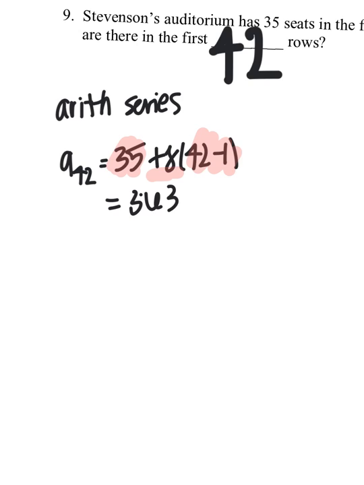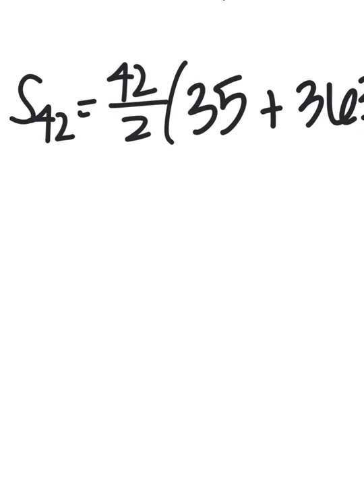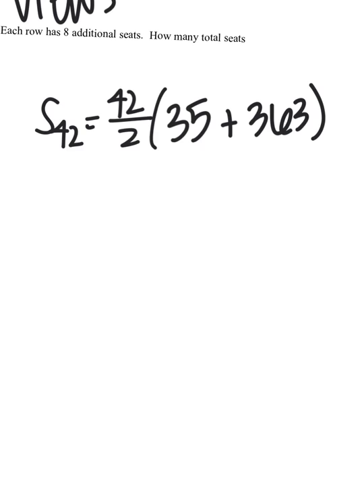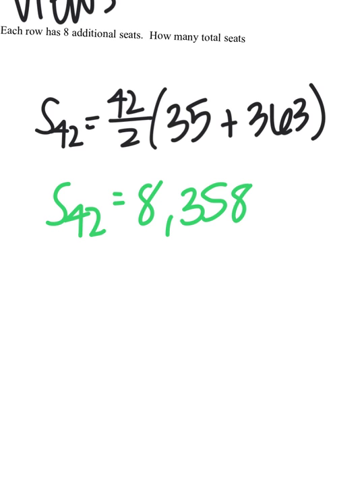Once you have all of that, we can go over to our equation. And when I type this into my calculator, you should get 8,358 seats.